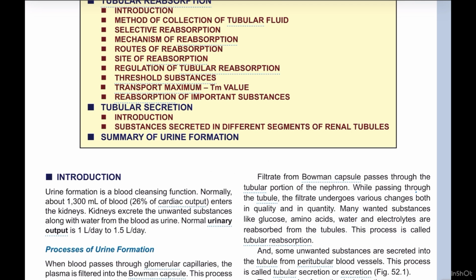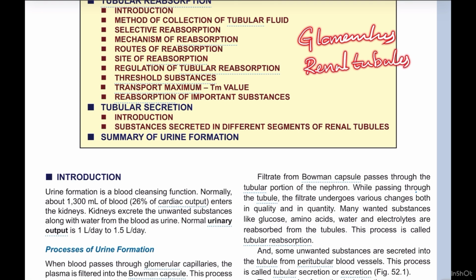The part mainly participating in this filtration is the nephron. The structural and functional unit of the kidney is the nephron. The nephron consists of two portions: one is the glomerulus, and the other is the renal tubule. The glomerulus is a blood capillary.